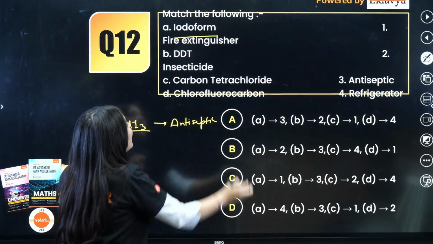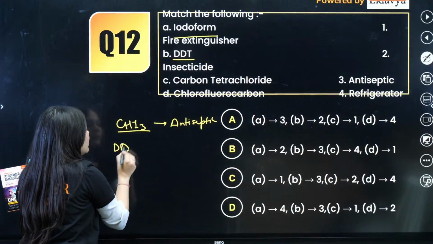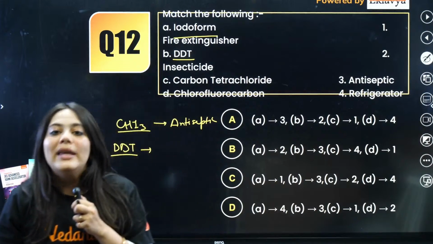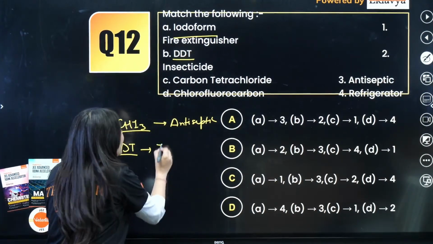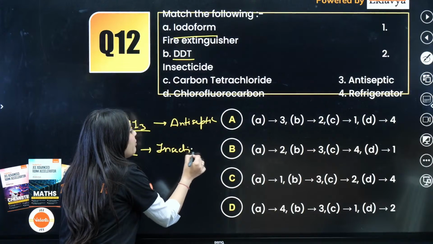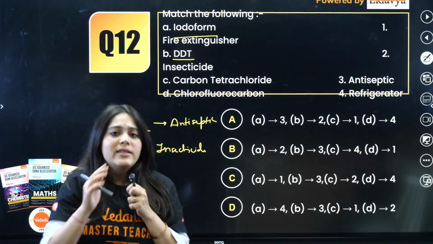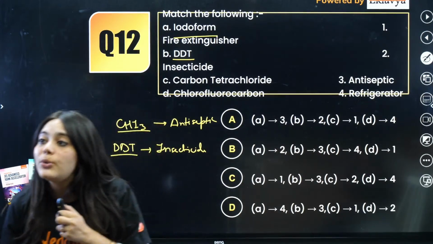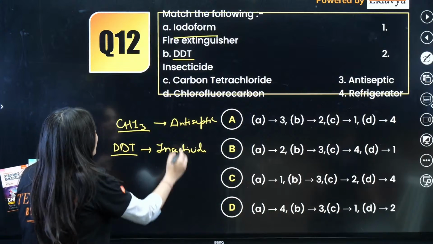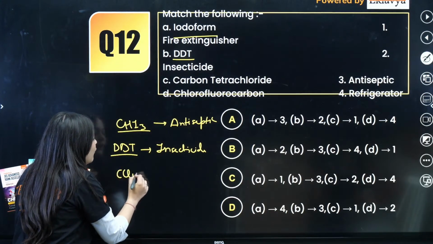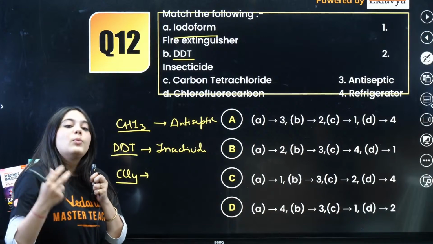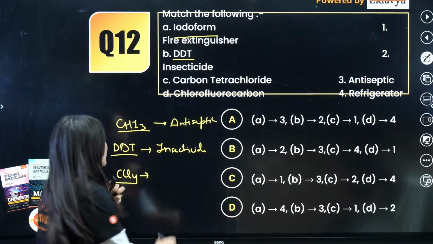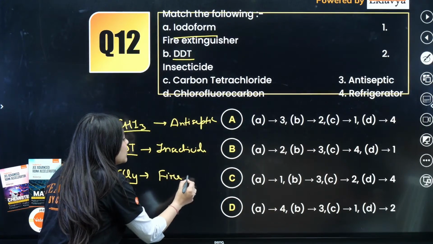Similarly, next is DDT. DDT is dichloro-diphenyl trichloroethane, a very good insecticide, which you've been learning about since your 7th or 8th standard, and even in environmental chemistry. Next is carbon tetrachloride, CCl4. It is used in spray cans and so on, but is majorly used as a fire extinguishing agent.